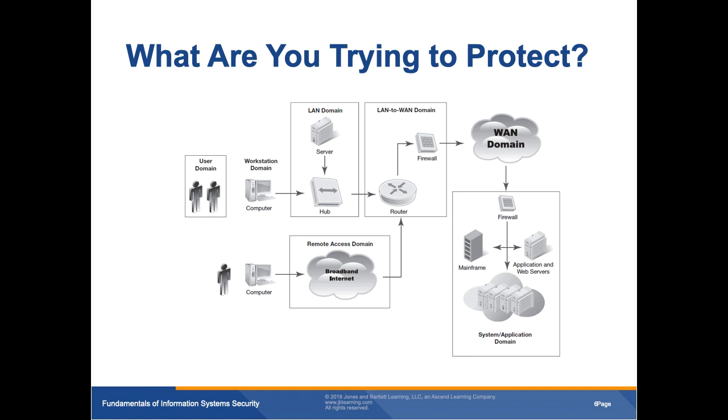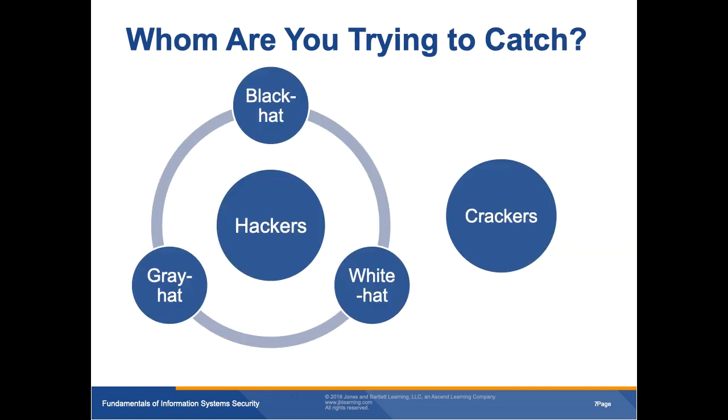I forgot the workstation domain, but these are all areas, and depending on what you're trying to protect, that determines how you handle this. But then who are you trying to catch, or who are you trying to protect this from?